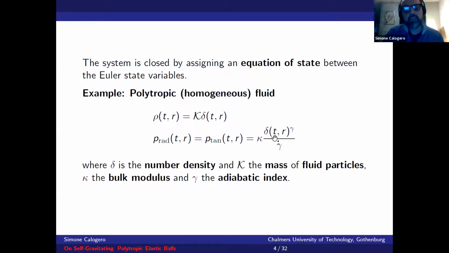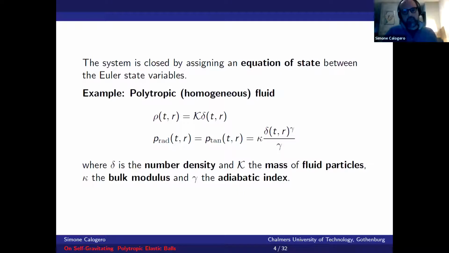So kappa, the bulk modulus, is a material parameter, so it depends on the specific fluid material, while gamma is an equation of state parameter. Okay, so I can fix capital K, so I fix the fluid material and change gamma, but having the same material, depending on the response of the fluid to deformation.